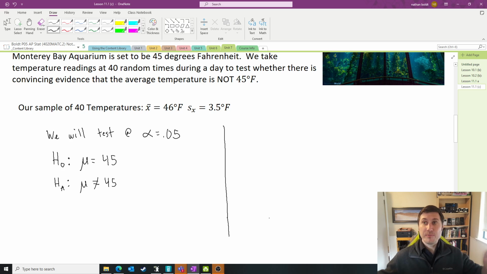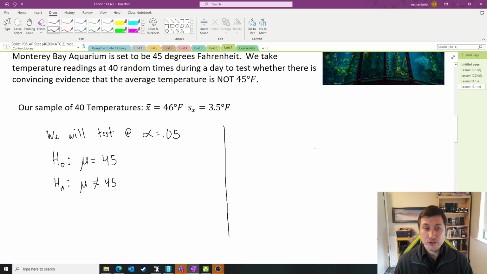It's something else. This is a two-tailed test because larger numbers give us evidence against the null, but also lower numbers give us evidence against the null. So those two extremes will both give us evidence to reject it.